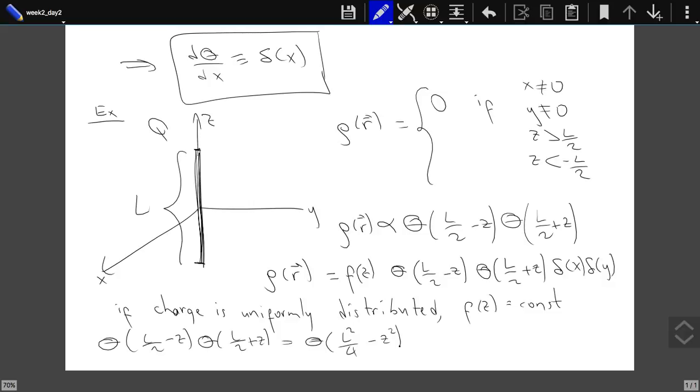This is negative, so the right-hand side is 0. If you look at the left-hand side, if z is larger than L over 2, this is 0. If z is less than minus L over 2, this is 0. If z is in between, this is 1, this is 1. So for all possible values of z, whether between minus L over 2 and L over 2 or outside of this region, the left-hand side and the right-hand side have the same values. So these two functions are equal.